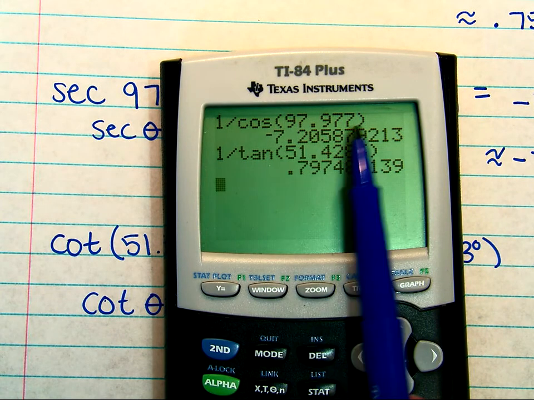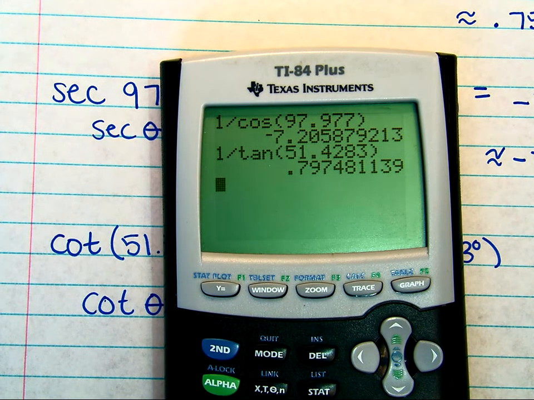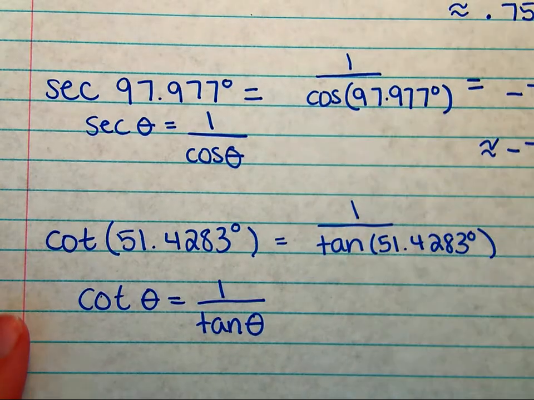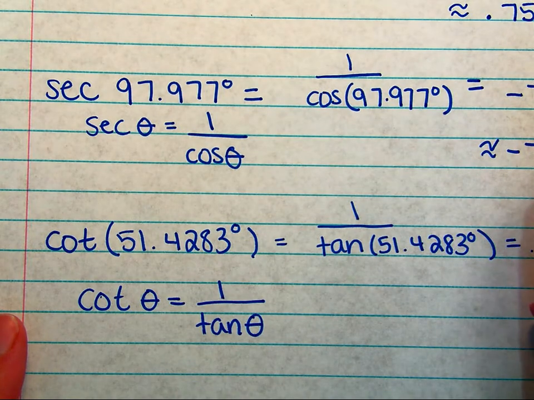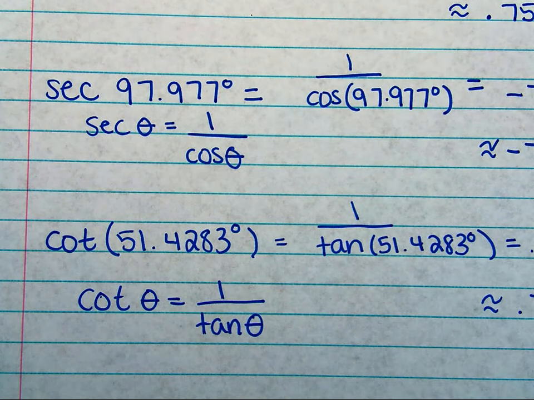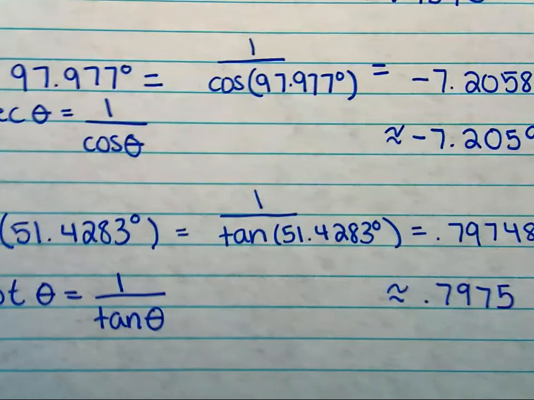You need to close your parentheses. All right, so I got about 0.797. So that's about 0.7975. Okay?